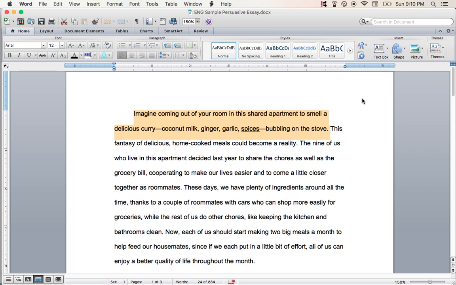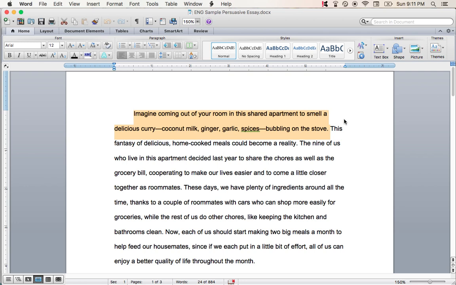The hook is the very beginning of the essay. It's the first part of the introductory paragraph. We call it the hook because it's meant to hook the reader, to grab the reader's attention so that they want to keep reading and they don't put the essay down, just like a hook gets stuck in the fish's mouth and the fish can't get away. Now, this particular hook uses just a little bit of descriptive writing to try to capture the reader's attention.